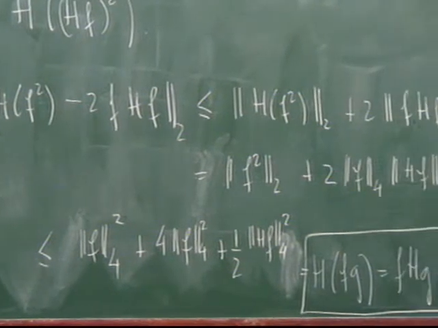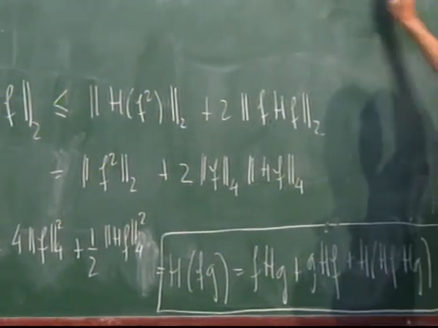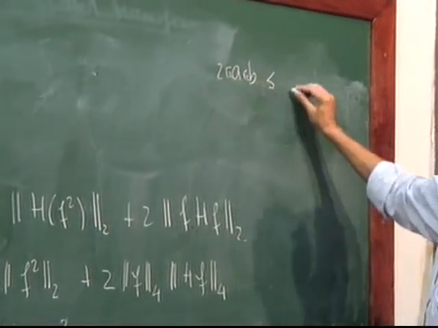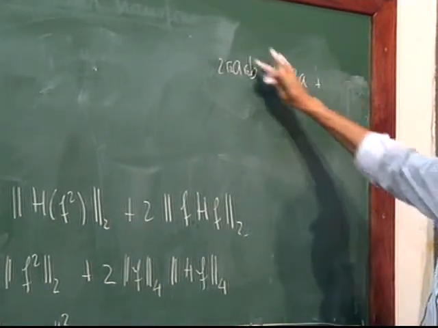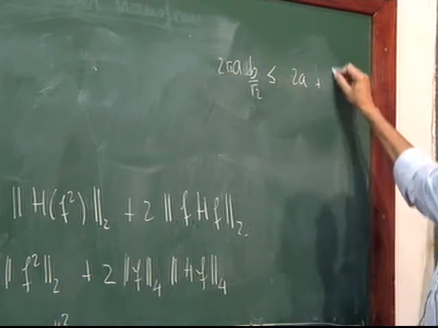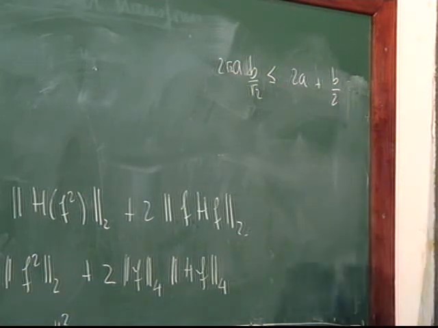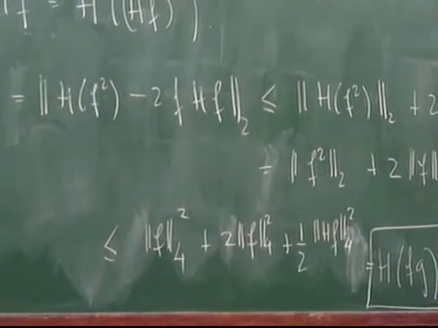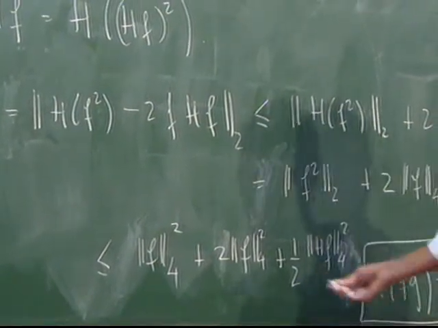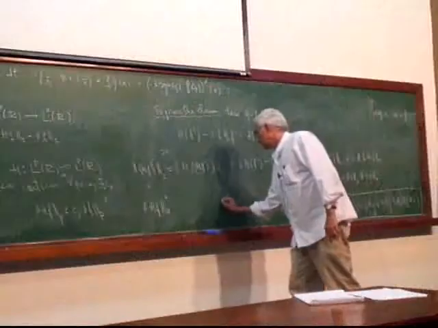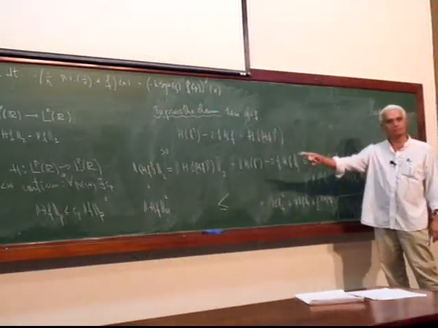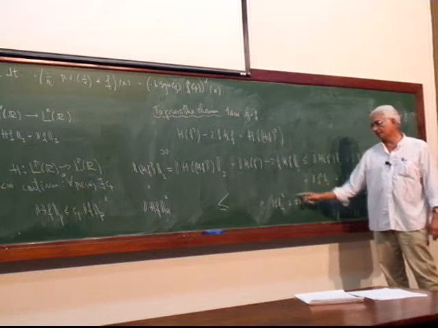You use that 2 times AB is less than... I put the square root of 2 here, the square root of 2 here. This is 2A times B over 2, right? Or maybe I can put 2 here. Okay, now this is what you get. Since you have 1/2 here, you can pass that by multiplying by 2, and you add this, you get the L4 norm.